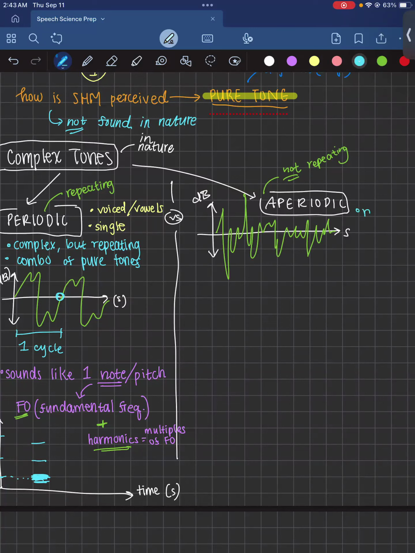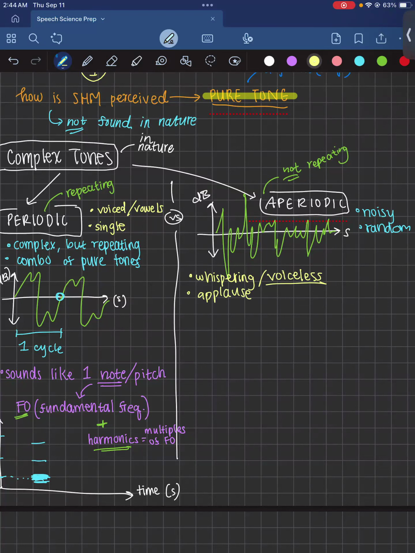So the signal looks very noisy, it looks very random, and usually we'll see it in things like whispering, or voiceless sounds, which is important to note since voiceless mostly. But it can also be random stuff like applause or other random sounds.